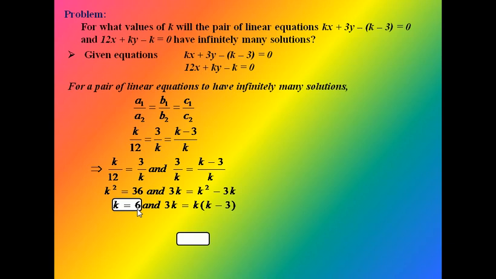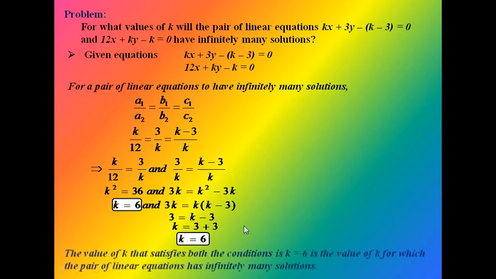By simplification, k is equal to 6, and 3k is equal to k into k minus 3. k gets cancelled, 3 is equal to k minus 3. By grouping, k is equal to 3 plus 3, which is 6. The value of k that satisfies both the conditions is k is equal to 6.